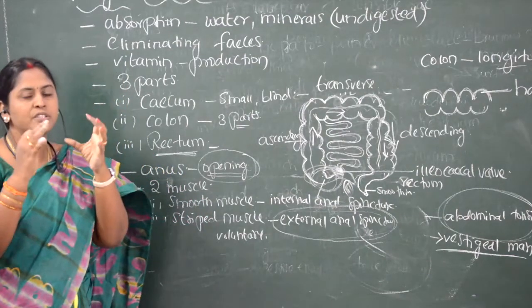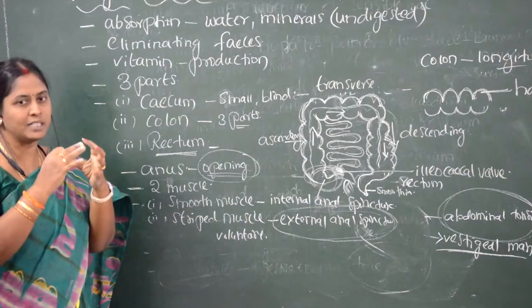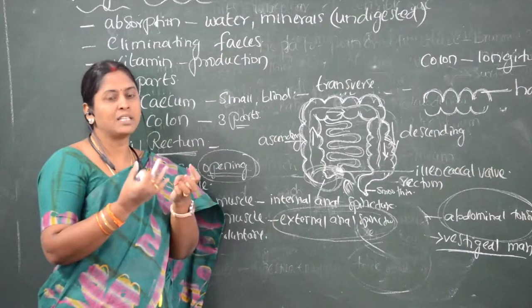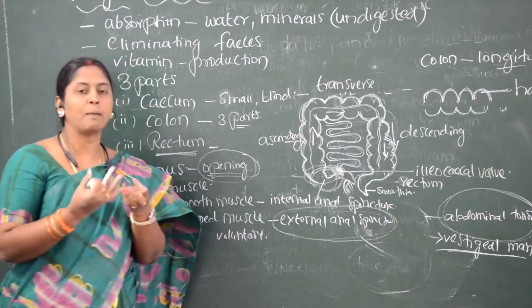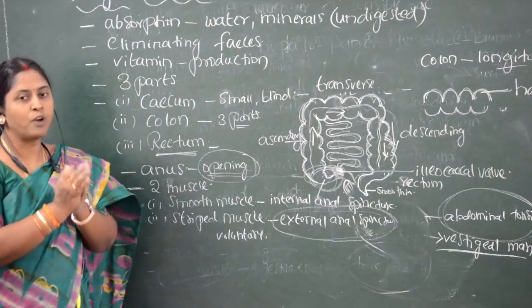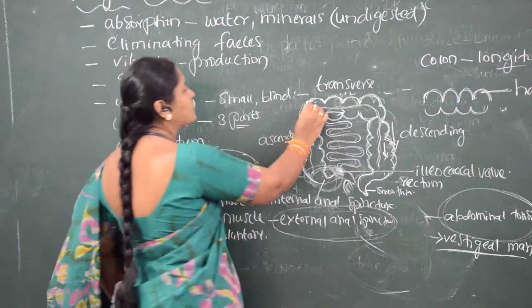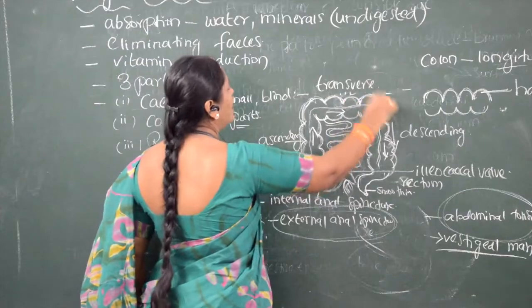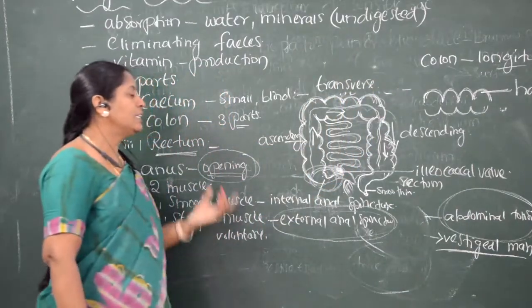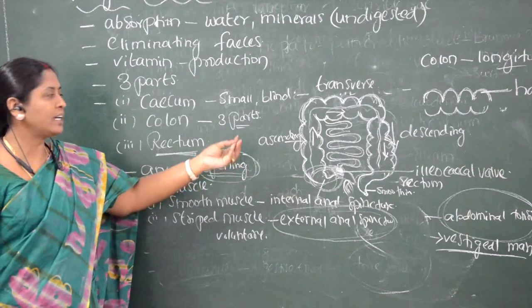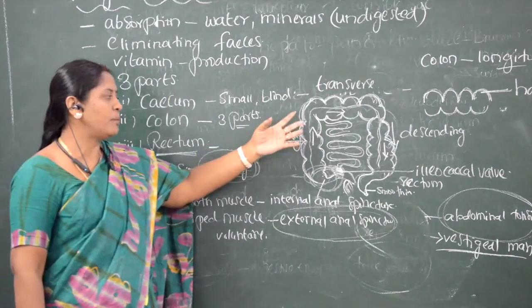Because of the constriction of these longitudinal muscles, outgrowths or pouches are formed in the colon. Those pouches are called haustra. The main function of the colon is absorption of water and minerals from the undigested food particles.